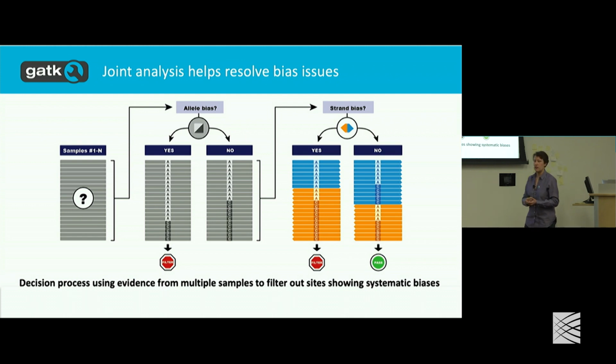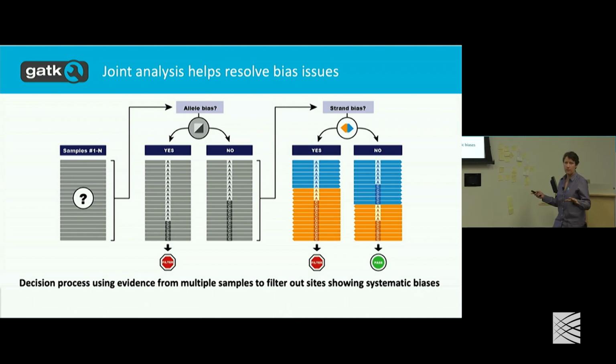So it's not just seeing evidence of variation in multiple samples. That's not sufficient to be satisfied that it's real. There's also looking for evidence of bias to see if that might actually just be a recurring artifact. So that's going to be part of the process, and that's part of the information that doing the analysis across multiple samples affords us.